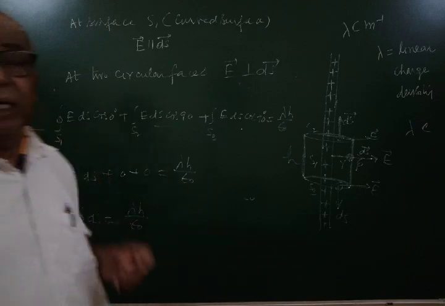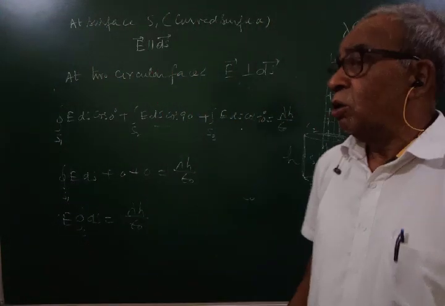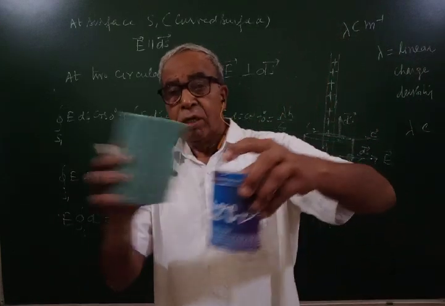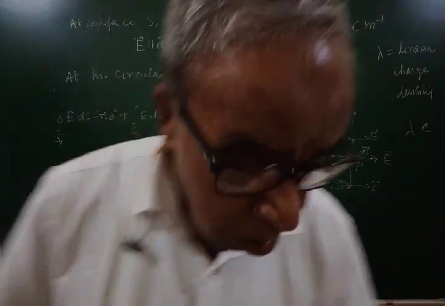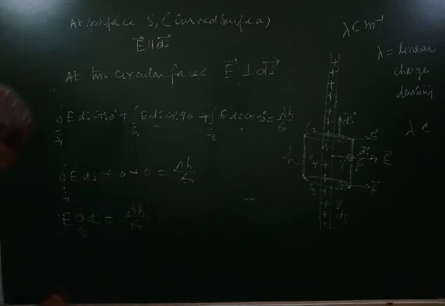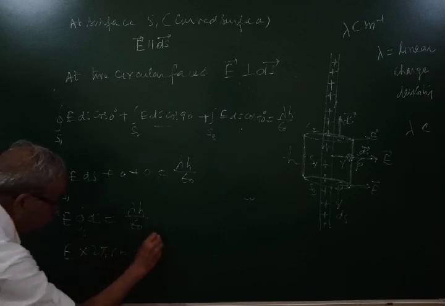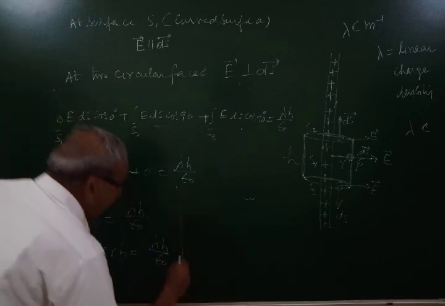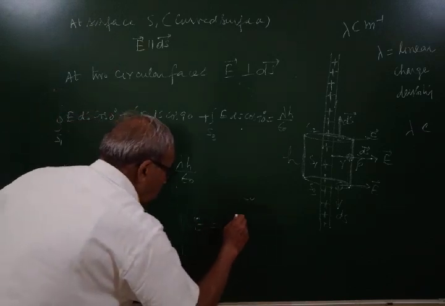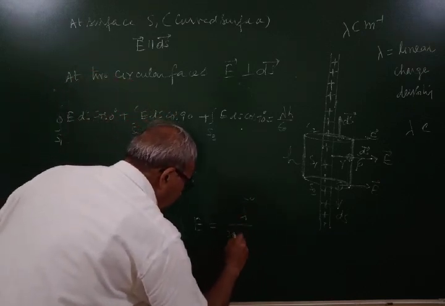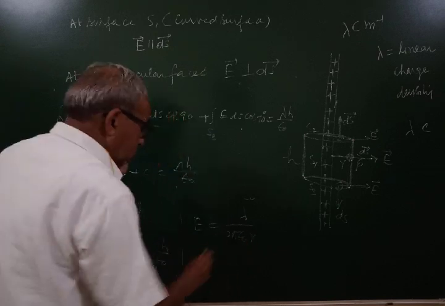Now the integral of ds means the total curved surface of the cylinder, which is 2 pi r h. So E into 2 pi r h equals lambda h upon epsilon 0. h cancels, so we get E equal to lambda upon 2 pi epsilon 0 r.